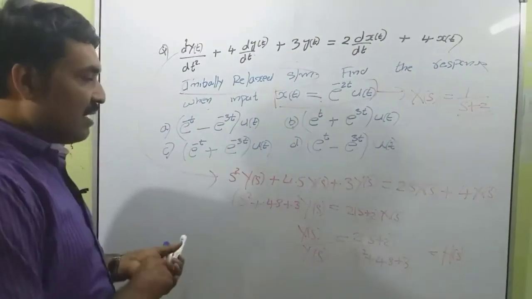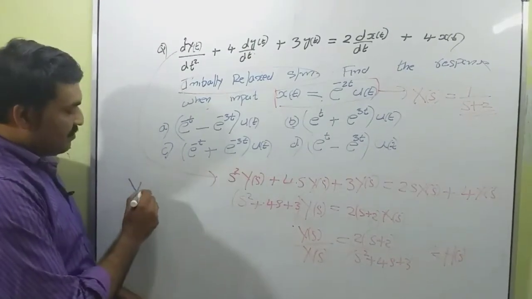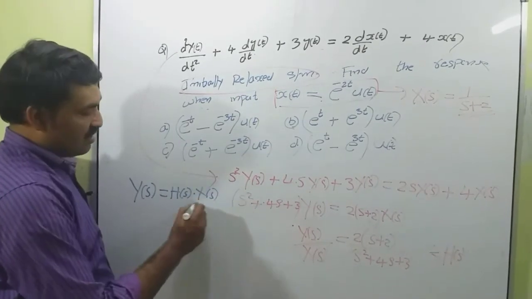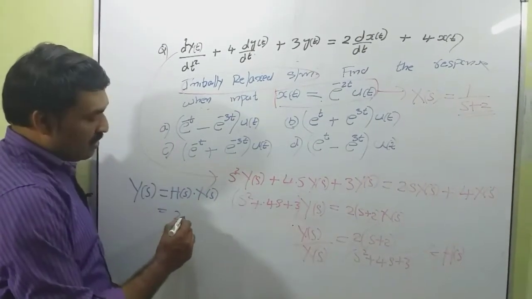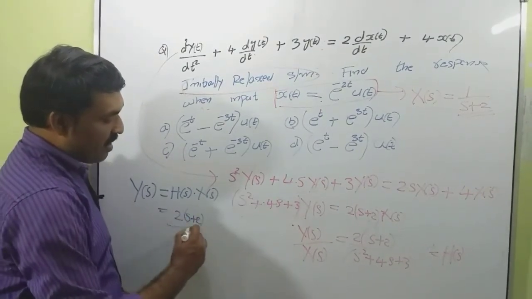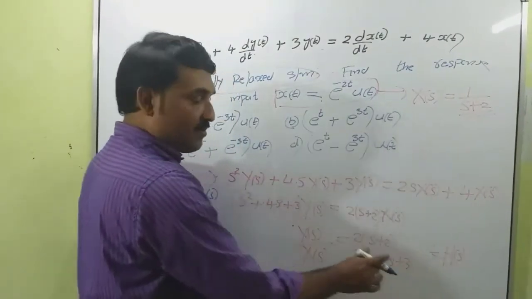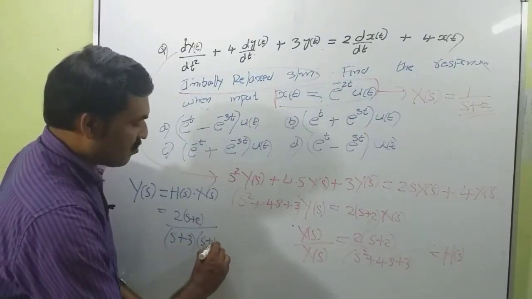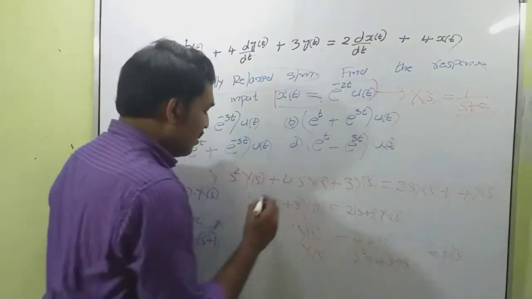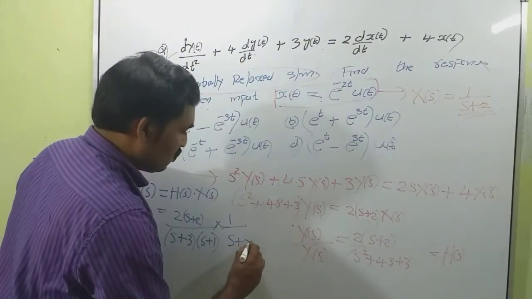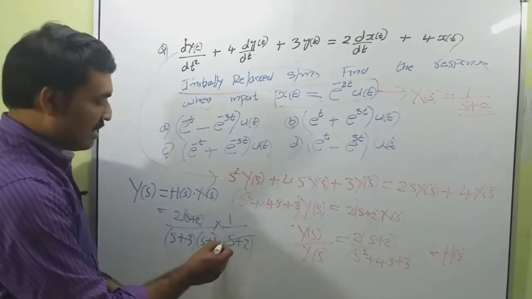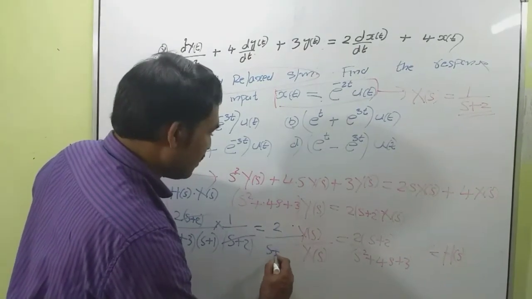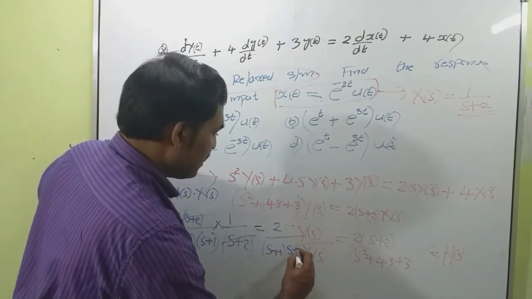So we can write Y(s) = H(s) X(s), that is 2(s + 2) divided by, I am going to factorize this term, (s + 3)(s + 1), into X(s), that is 1 divided by s + 2. The s + 2 and s + 2 get cancelled. So the remaining term is 2 divided by (s + 1)(s + 3).